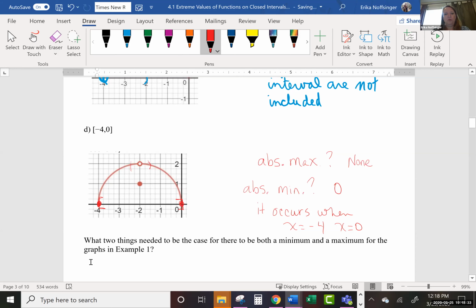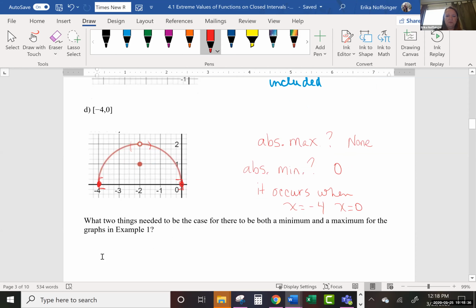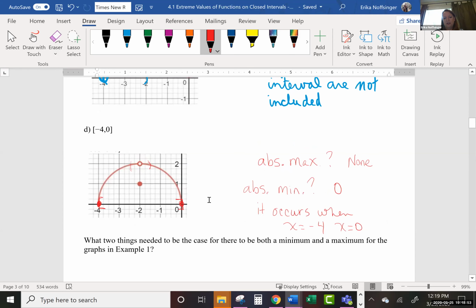Okay, so from looking at this example, you should be able to tell what's needed. There are two things that need to be the case for there to be both a maximum and minimum for the graph. Did you notice what had to be the case in order for a max and a min to occur?